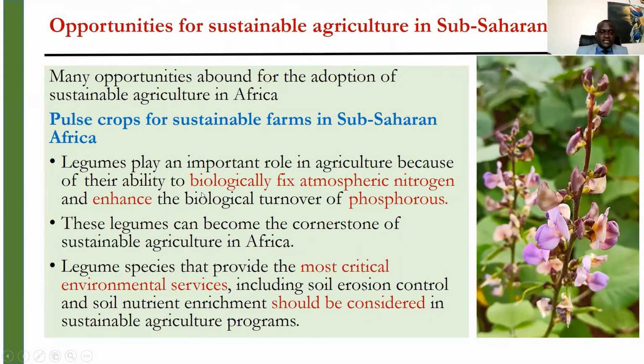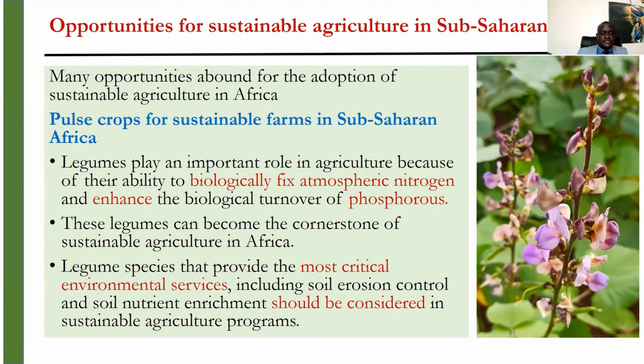If you have a lot of phosphorus in the soil, it's going to be broken down to produce more nitrogen, and that's a good thing because then the soils will not be polluted with phosphorus, which of course we know is one of the main pollutants of soils. So these legumes can become the cornerstone of sustainable agriculture in Africa.